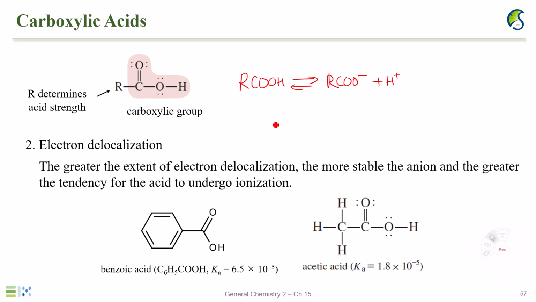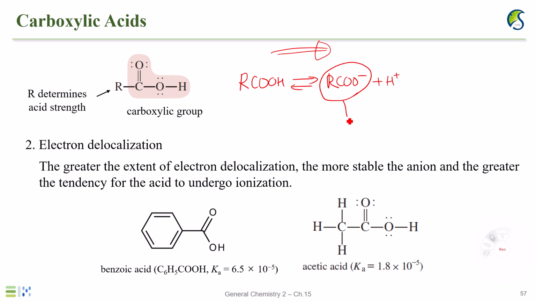In this equation, you can also compare the relative acid strength based on the stability of this anion. If this anion can be more stabilized for some reason, that means the equilibrium position will have a tendency to lie a little bit to the right.